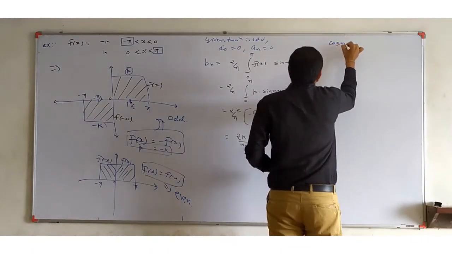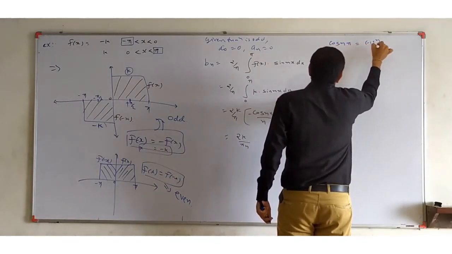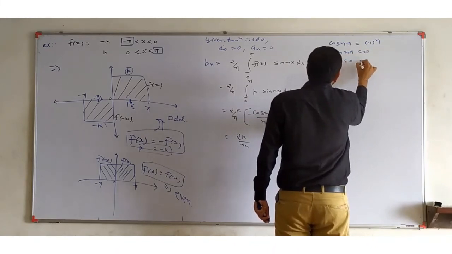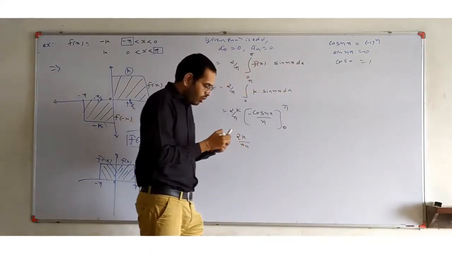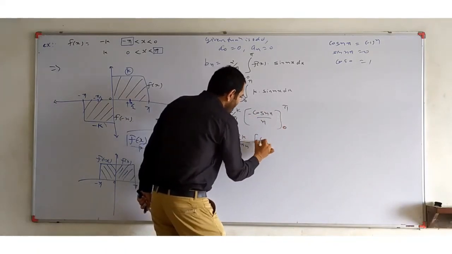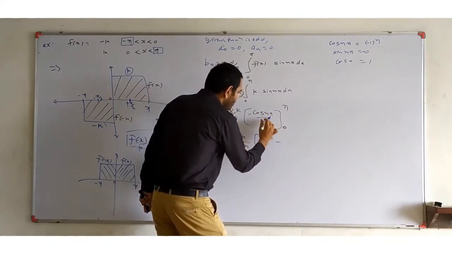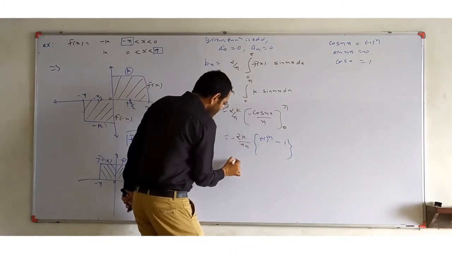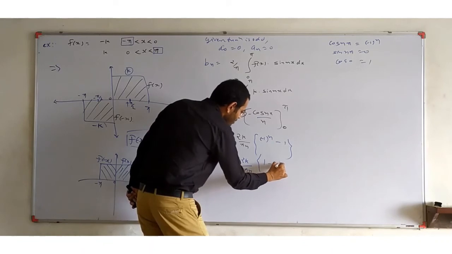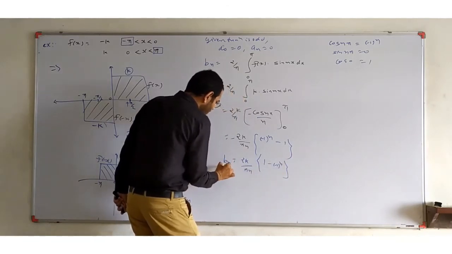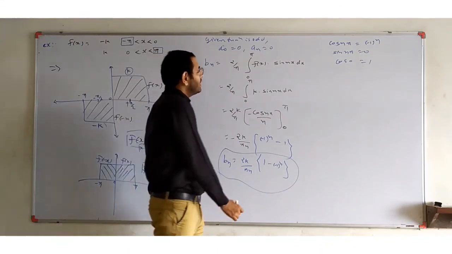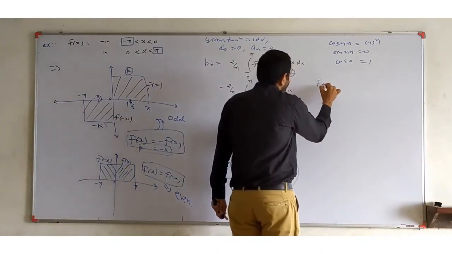Then what is the value of cos n pi? It is minus 1 raised to n. Sin n pi is 0, cos 0 is 1, sin 0 is 0. Then substitute the values. The minus is common, cos of n pi is minus 1 raised to n, and cos 0 is 1, so the minus goes inside the brackets. Then we get 2k by pi n times 1 minus 1 raised to n, which is the value of bn. Now substitute the value of bn in the Fourier series.